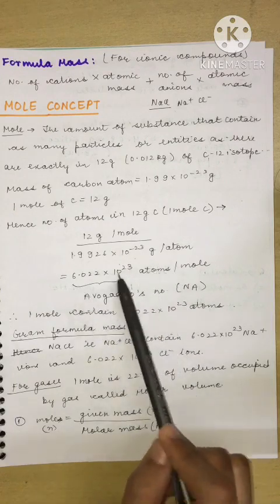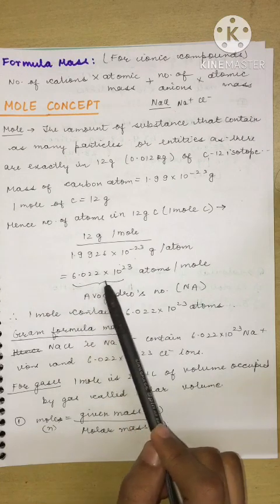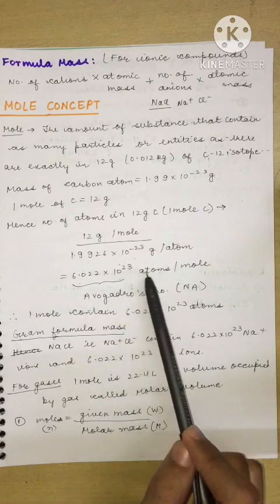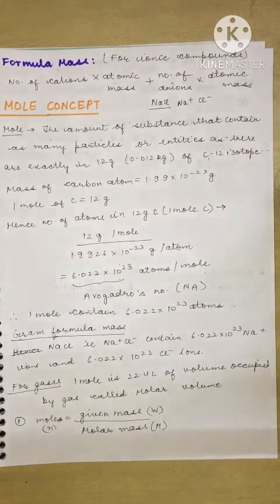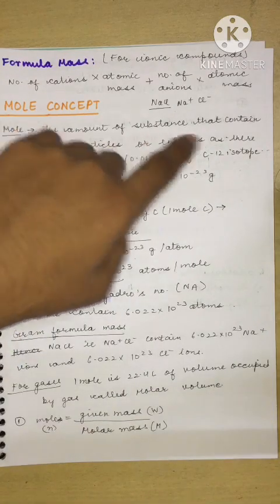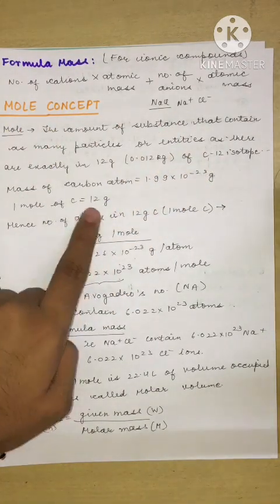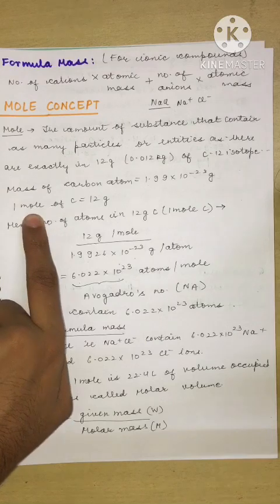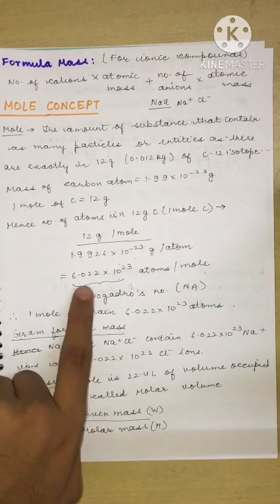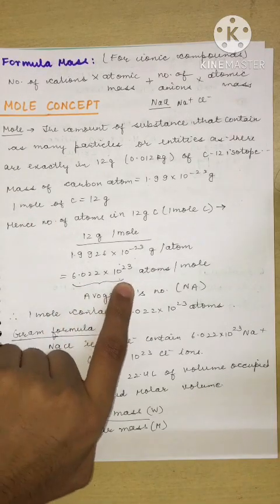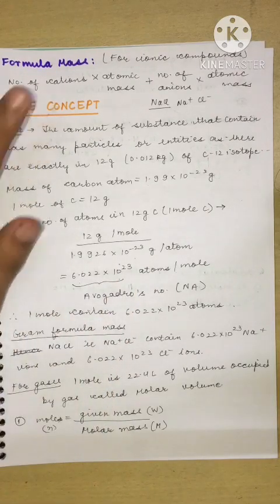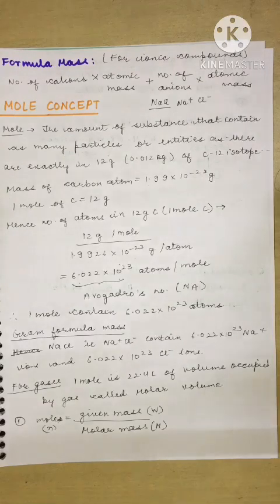So you get how many atoms for 1 mole? You get 6.022 into 10 to the power 23 atoms per mole, which says that for 12 gram of carbon-12 isotope or for 1 mole of carbon-12 isotope, you have total 6.022 into 10 to the power 23 atoms. Hence, in 1 mole of any substance, it will contain 6.022 into 10 to the power 23 atoms.